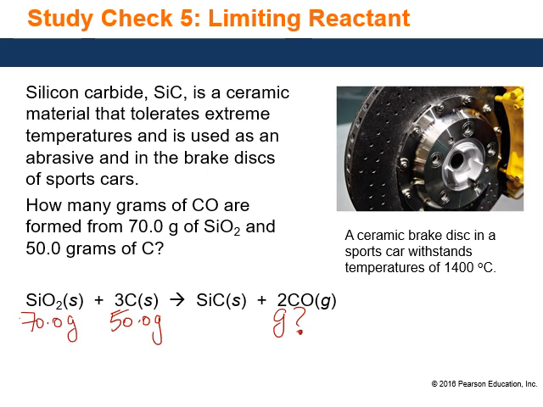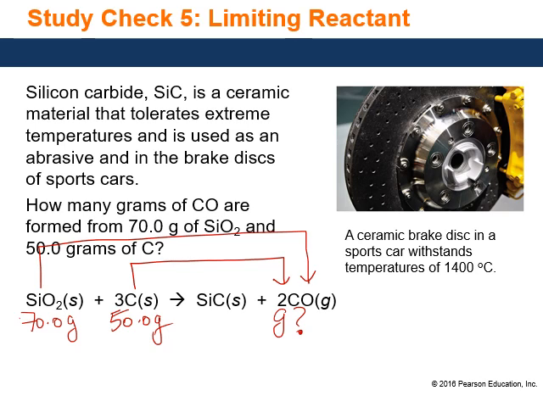So meaning it is giving you two ingredients and it's asking you how much product will you make. So first thing, whenever two reactants are given to you, the only way to do this is you have to convert carbon to carbon monoxide, SiO2 to carbon monoxide, and figure out of these two who gives you lesser product. Okay, so how would we do this?